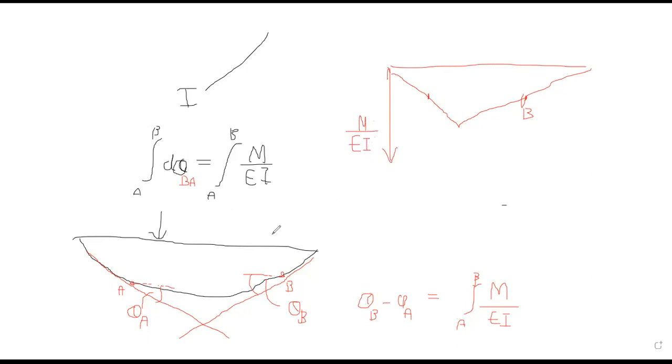It's very simple. But remember, if you have a varying cross section like this, this is 2EI and this is EI.